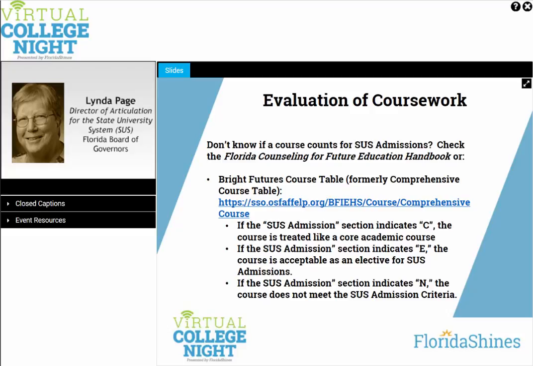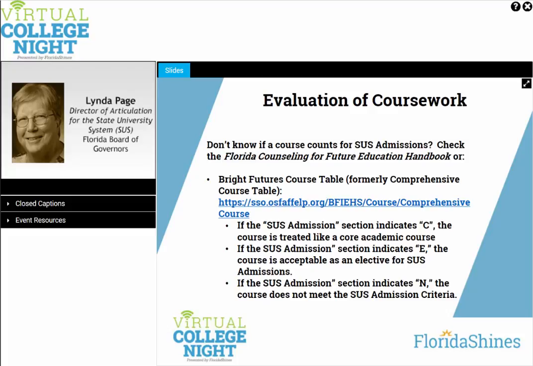Counselors should check the counseling handbook or the Bright Futures course table to find out whether or not a particular course counts. There's a link there to the Bright Futures course table on the slide.